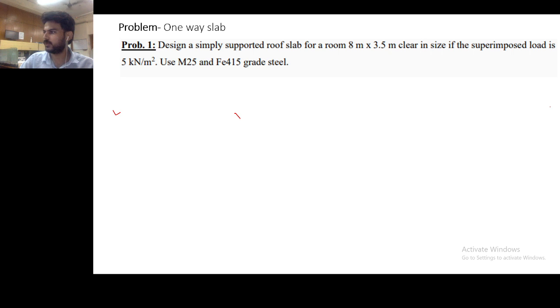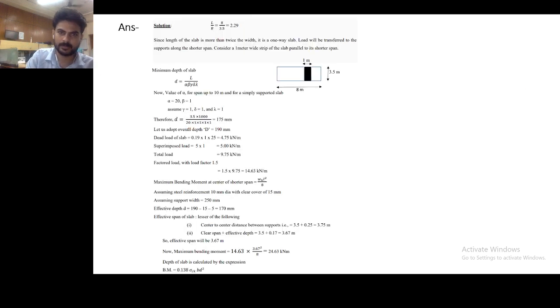Okay, shall we go towards the answer? Let's see the answer and try to understand. Here L by B we always check first, which is greater than 2.